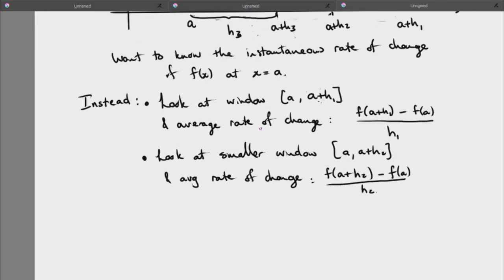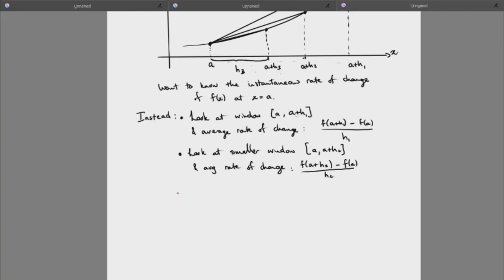So I'll write it one more time. Zoom out. So we can look at an even smaller window by decreasing the forward step h. And again, it's an average calculation, which I need.